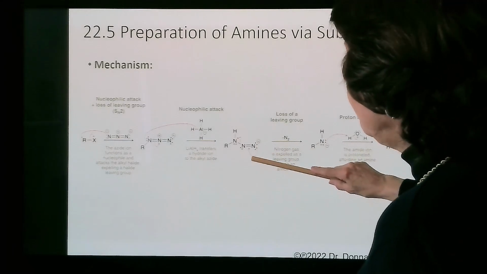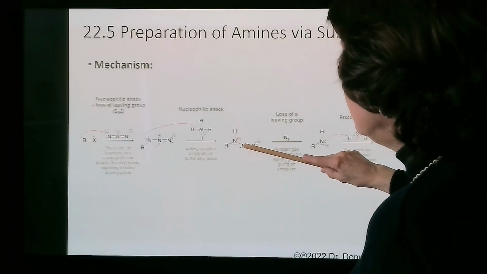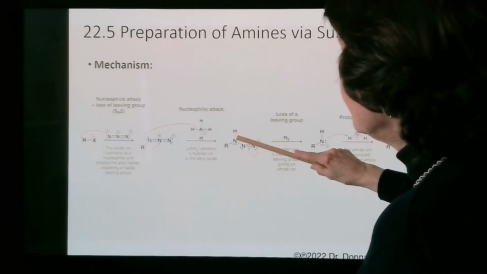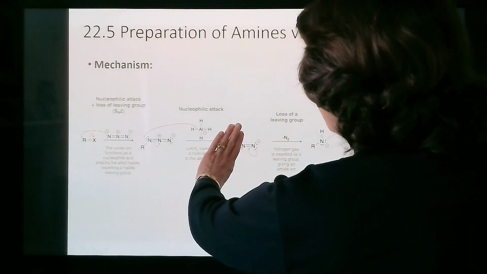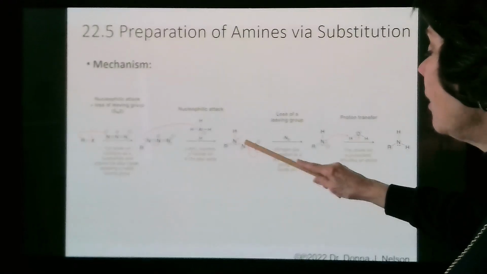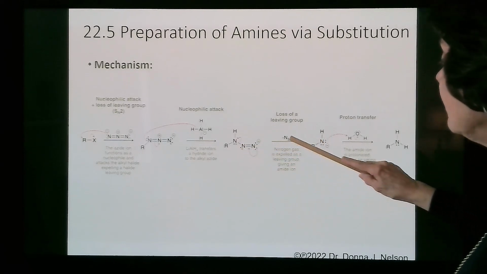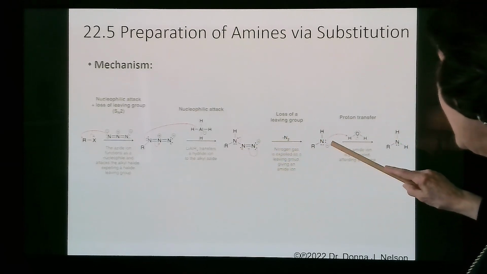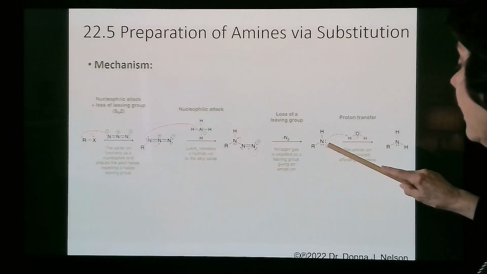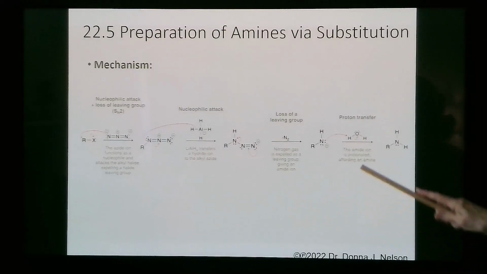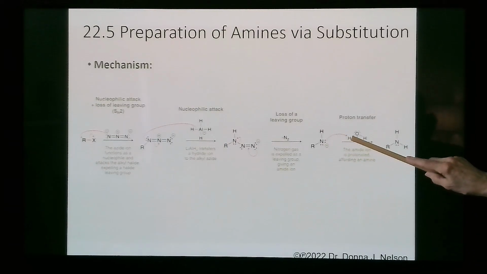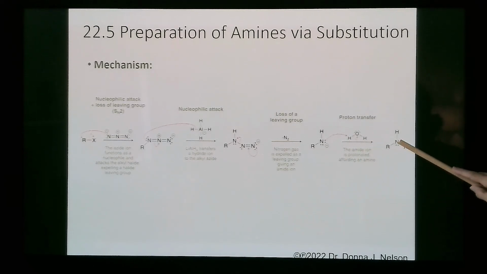A pair of electrons moves back in, forming a nitrogen triple bond. This pair of electrons moves in onto nitrogen. You lose N2 from that end of the molecule, expelled as a gas, and so now you have nitrogen bearing a negative charge and two non-bonding pairs. Now you simply deprotonate water and you have formed the primary amine.